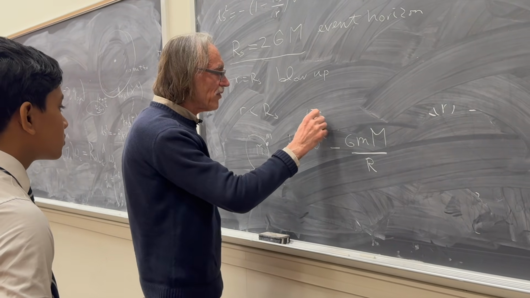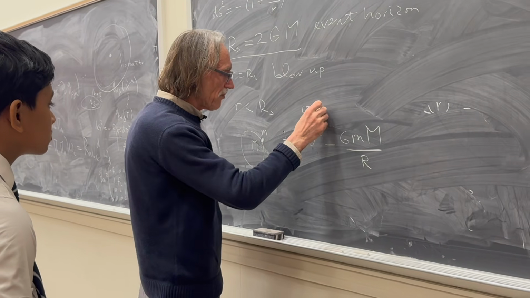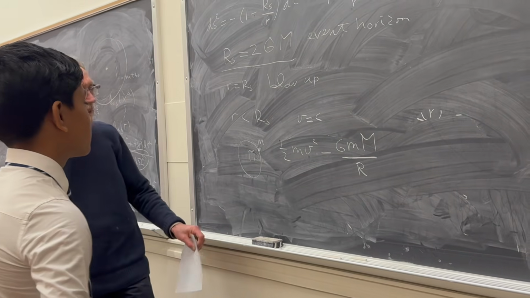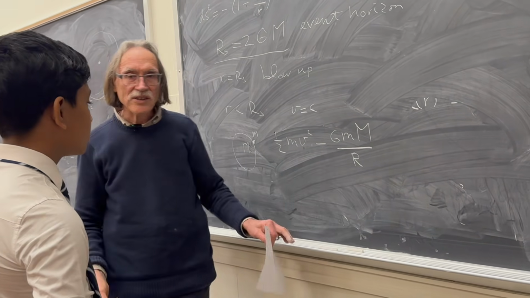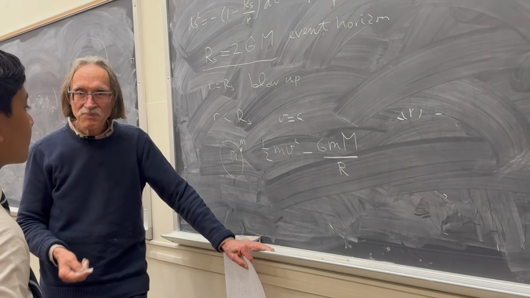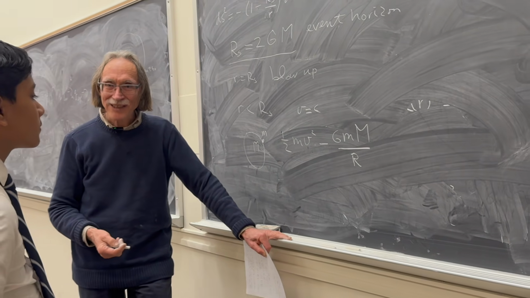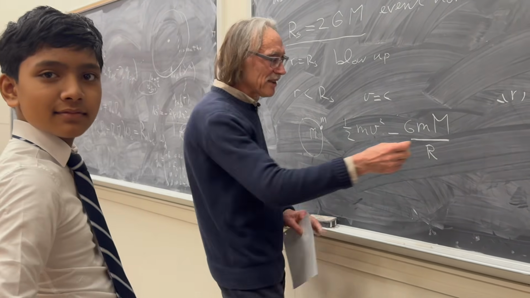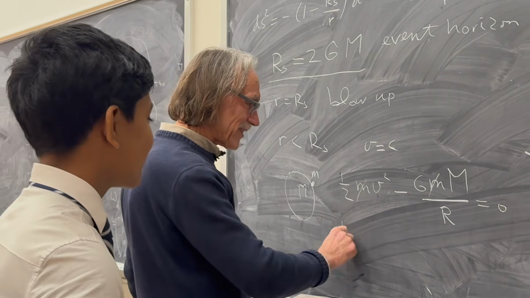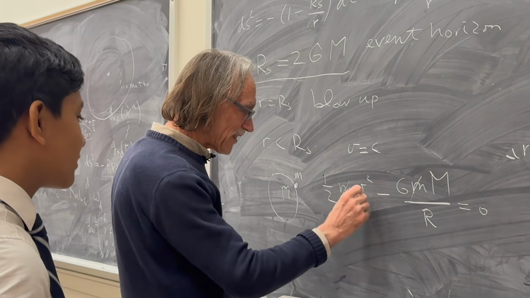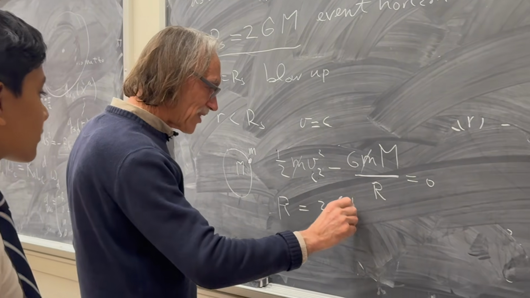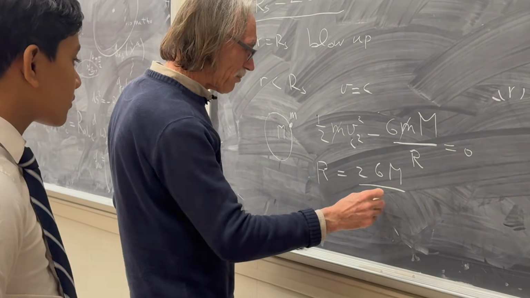We know that v is less than c. So we calculate the distance r to a gravitational body when you can no longer escape with the speed of light. That is when this is equal to 0. So what you get is r, this becomes c squared, is equal to 2GM divided by c squared.